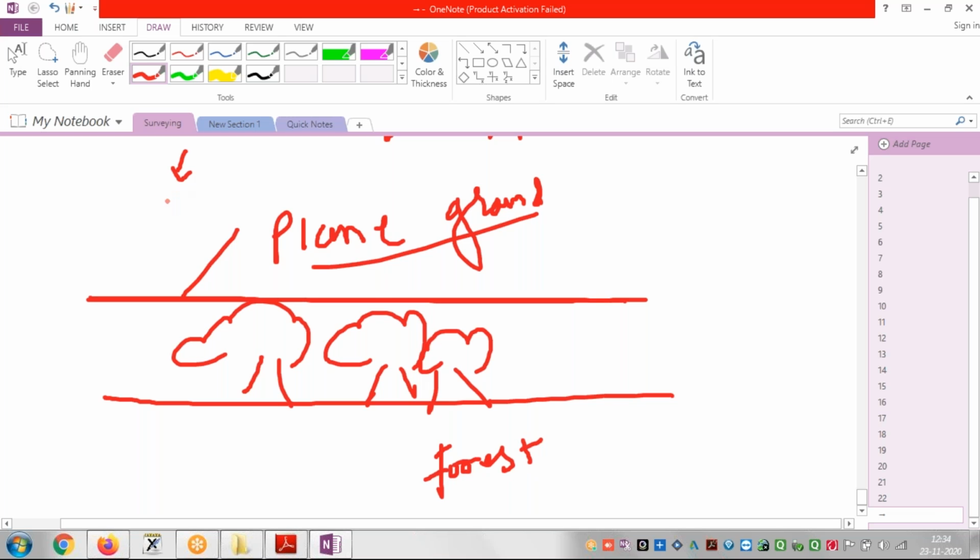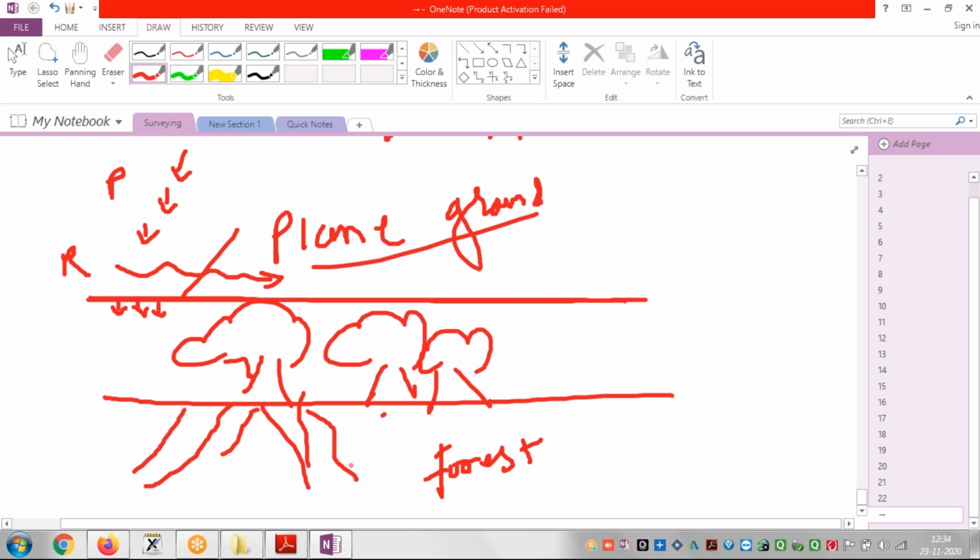So when rainfall occurs, say P, some part of the water will go inside the soil, and most of the water will flow here, that is runoff. But here there are a number of trees or forests. There are the roots of the trees, right?